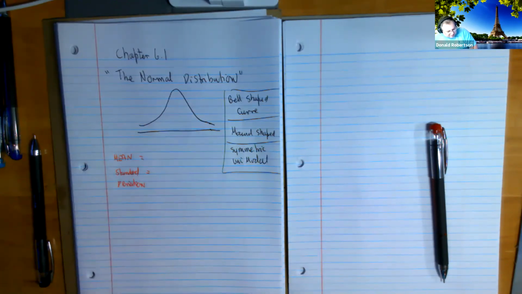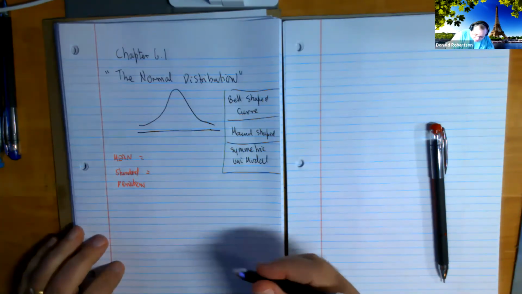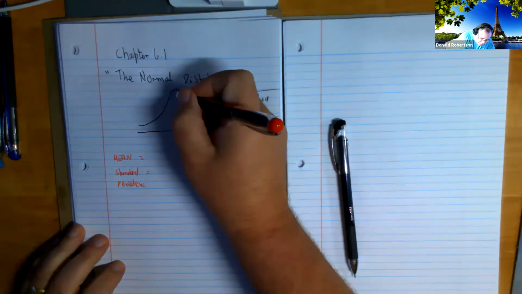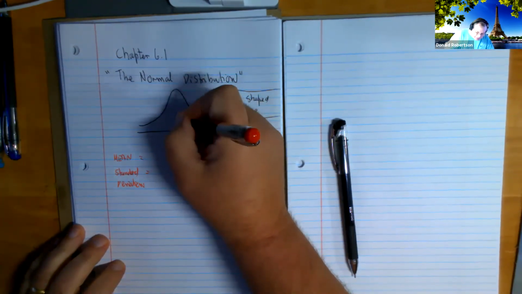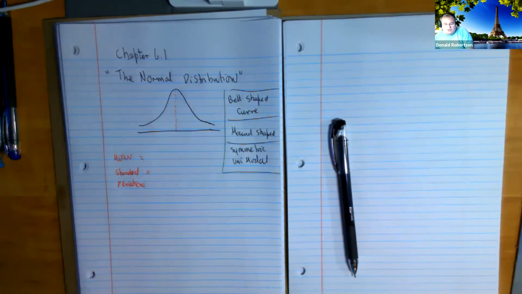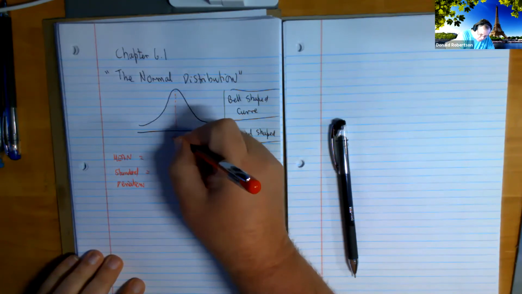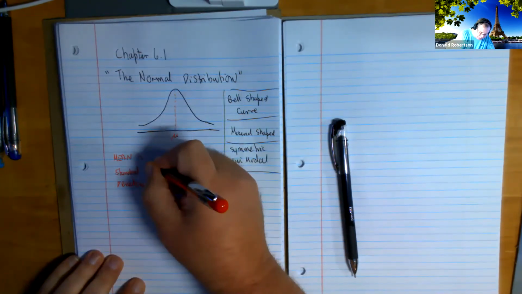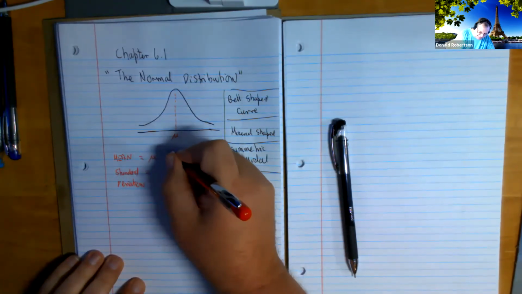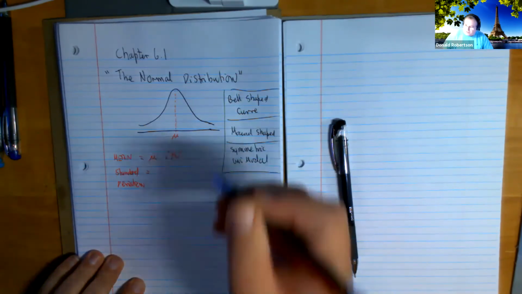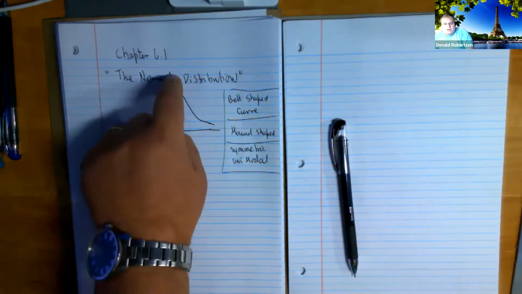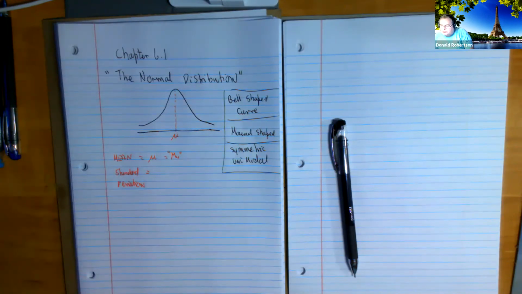They took lots and lots of different circumstances, and they discovered that they all did the same thing, which is remarkable. The first thing's probably not that remarkable. Right at the middle where the hill is, that's where the mean is. We're going to use that Greek letter, which you pronounce as mu, and that's the mean of the population, right in the center. I don't think that's too remarkable. You'd expect that.